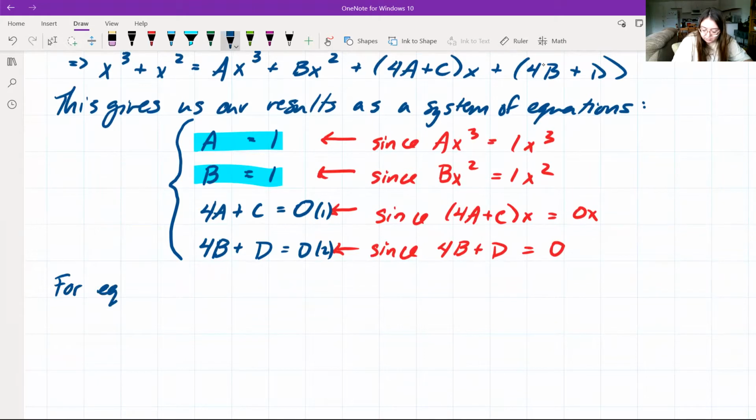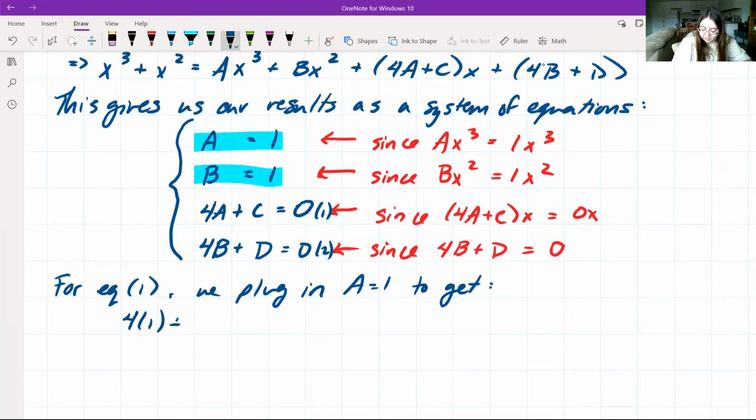So for equation 1, we plug in a is equal to 1 to get 4 times 1 plus c is equal to 0. We get 4 plus c is equal to 0, which means that c is equal to -4.